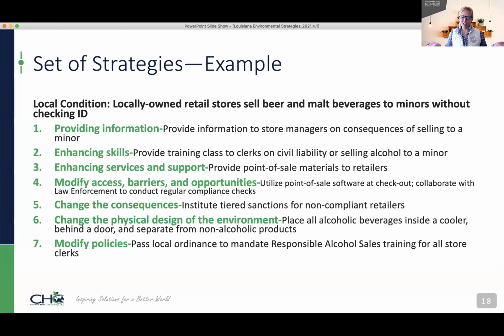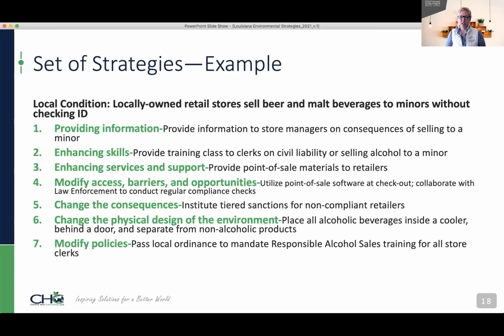So we want to have instituted sanctions so that, okay, if you slip up and you sell to a minor once, this is your penalty. But if you do it again, then that penalty is higher. And if you do it again, that penalty is higher, and eventually you could lose your license to sell alcohol or beer because of those tiered sanctions.